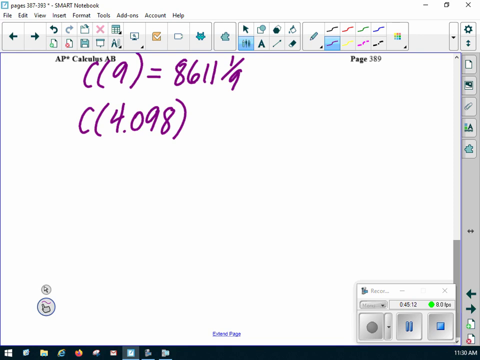You're going to have to do second calc value on that one. But remember, you're doing that on the function, not on the derivative. Give me 3 decimal places. 8.672.